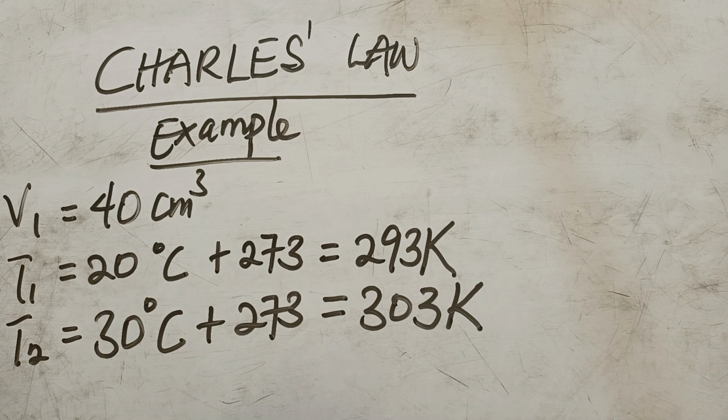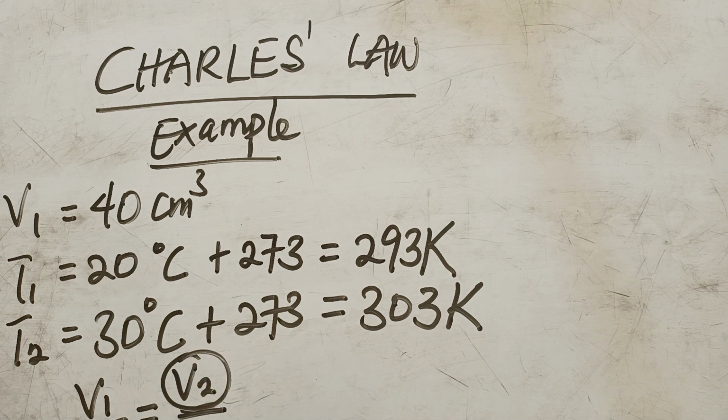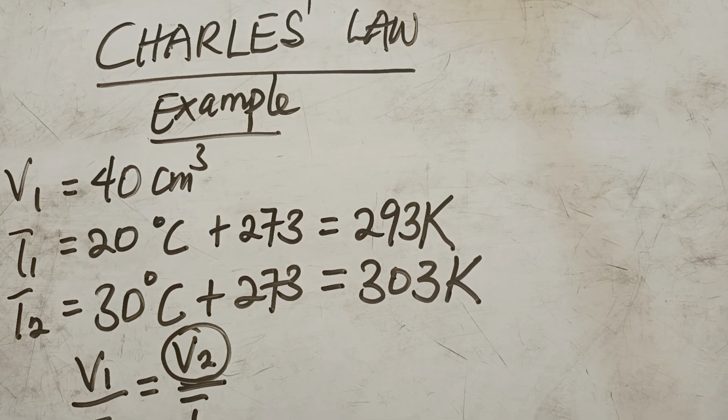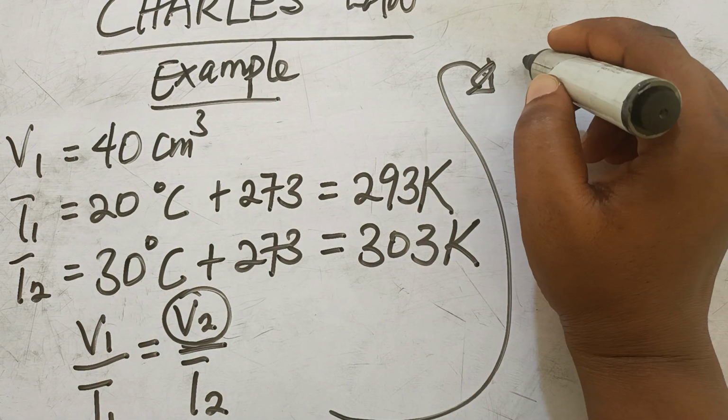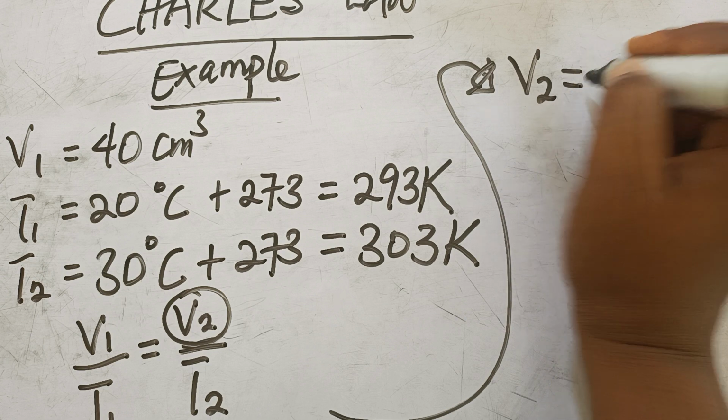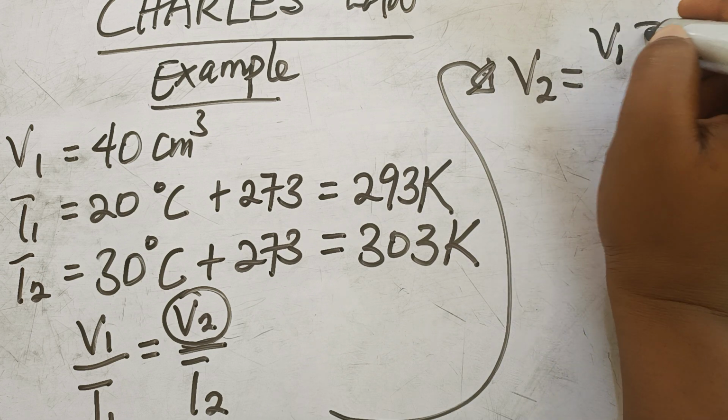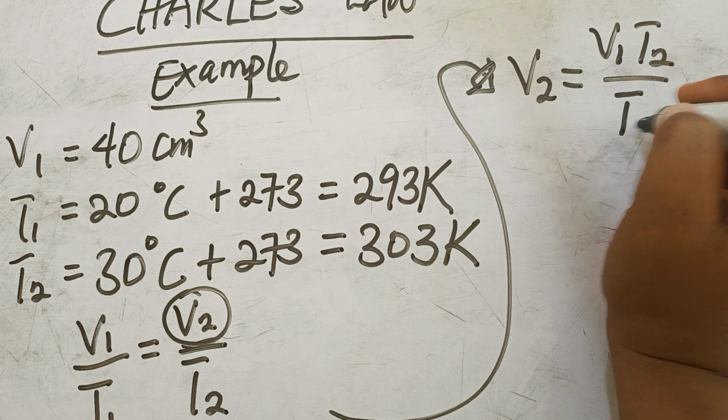According to Charles's law, V1 over T1 is equal to V2 over T2. We are only interested in finding the new volume, as per the question. So making the new volume the subject, we can make V2 equal to V1 times T2 all divided by T1.